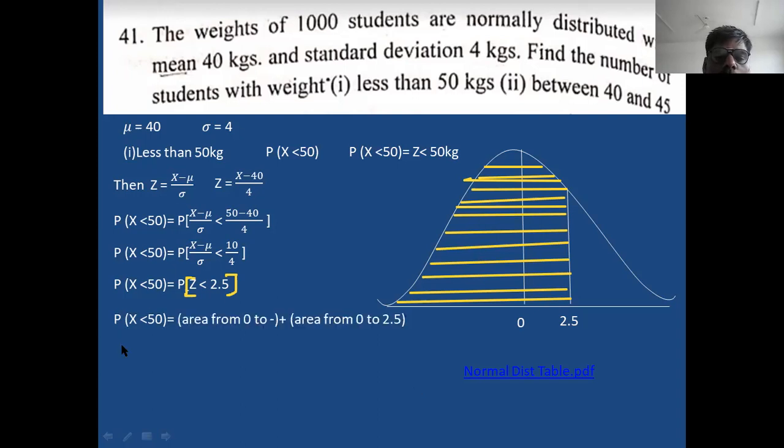Next step. So probability of x less than 50 is equal to the area from 0 to minus infinity.